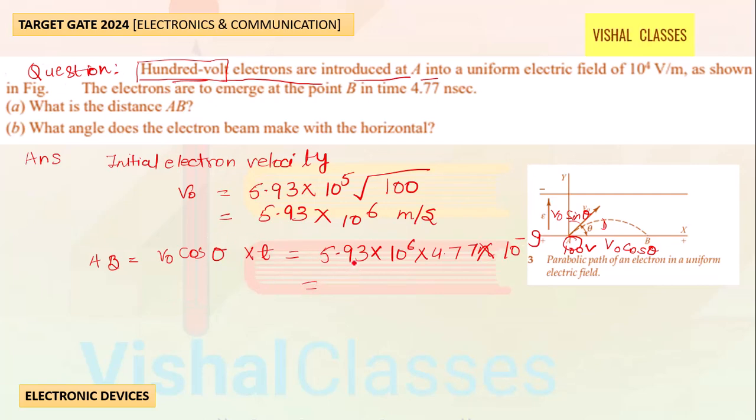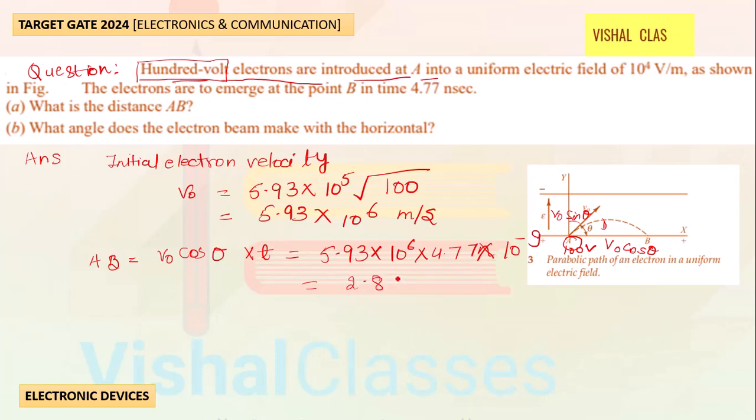As you see, this is almost 6 and this is 5, so 6 times 5 is 30, but this is not exact 6 and not exact 5, so it is around 28 something. Then adjust the powers, 10 raised to power 6 minus 9, which is 10 raised to power minus 3, and 28 divided by 10 gives 2.8 something.